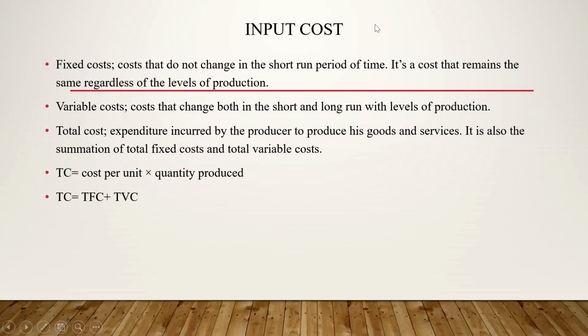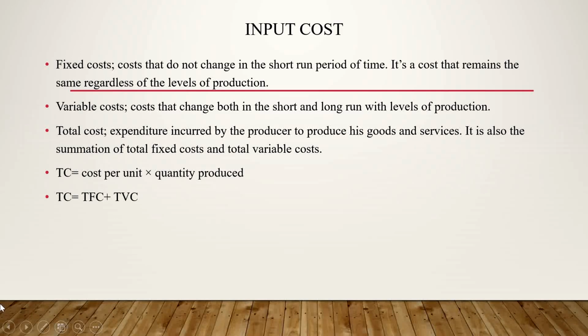So we also have input costs having another issue here of fixed costs, and these do not change in the short term. They are fixed. Remember, we talked about land. Variable costs, we have also talked about an example here, labor. These costs change in both the short term and long term, and there are also total cost expenditures incurred by a producer to produce his good or services.